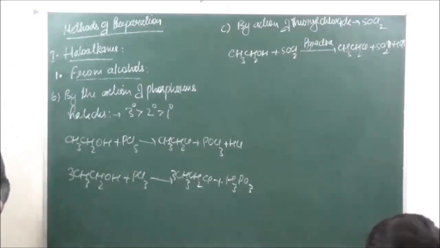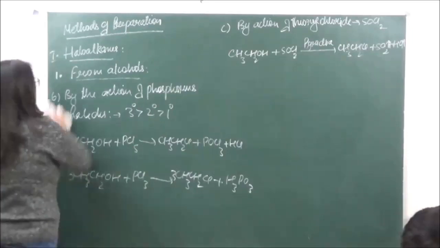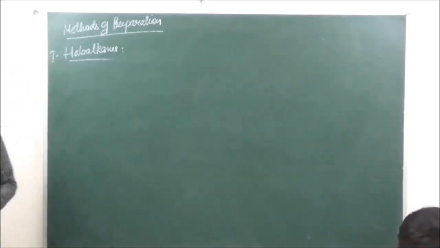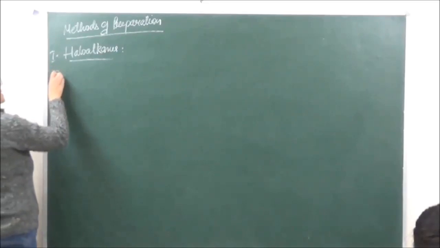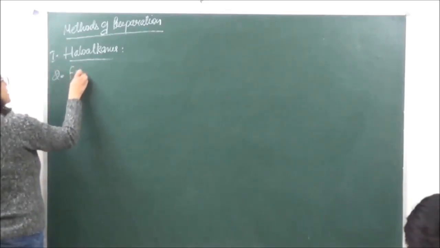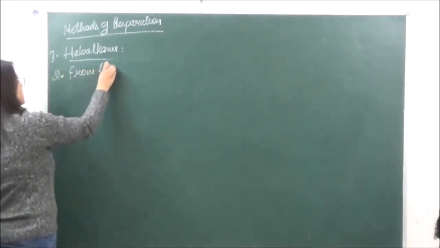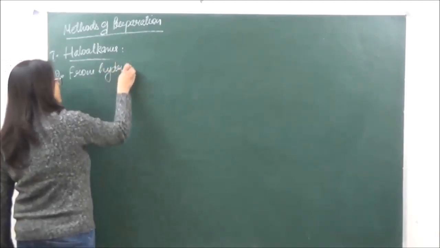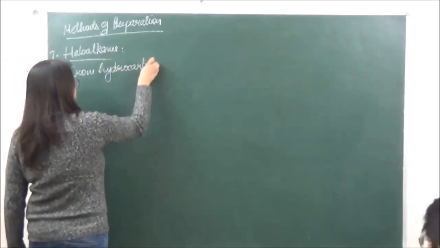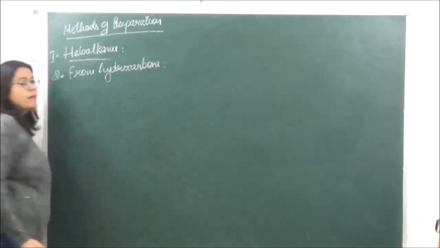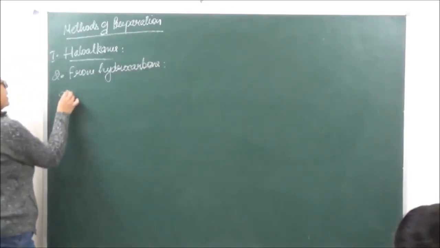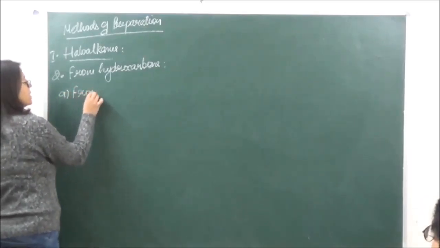The second method of preparation is from hydrocarbons. So we have over here the second method of preparation, that is from hydrocarbons. From hydrocarbons we will first prepare from alkanes.